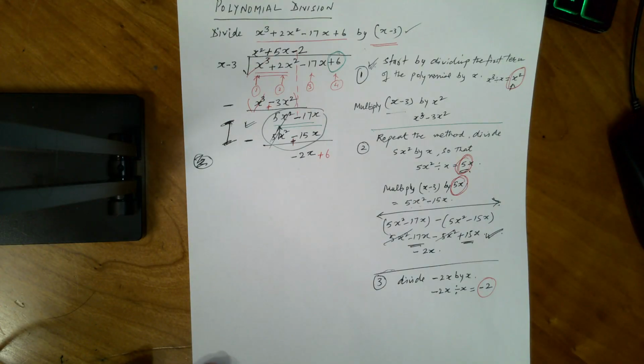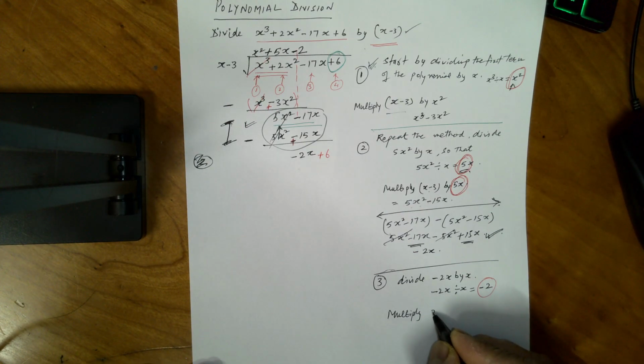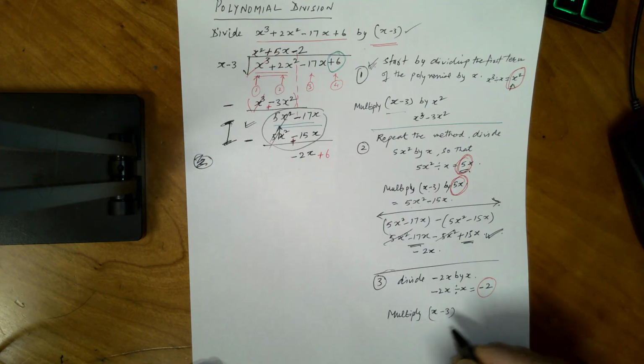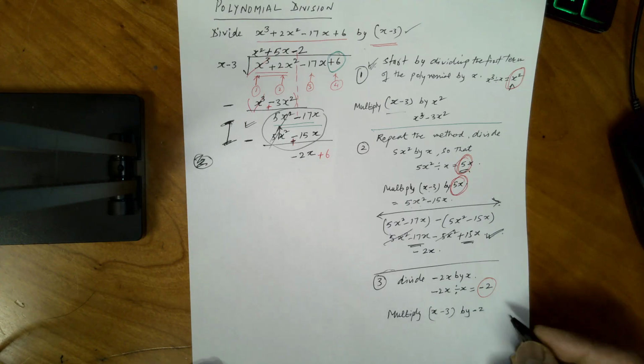Once you got this, you multiply x minus 3 by minus 2.